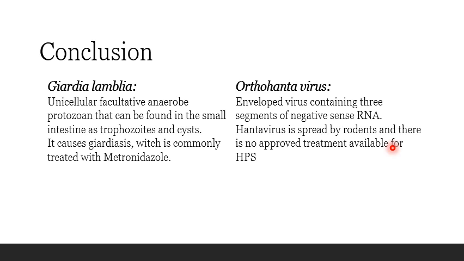That's probably not how you say it in English, but I'm rolling with it. And then the Orthohantavirus is an enveloped virus containing 3 segments of negative sense RNA. The hantavirus is spread by rodents, and there are no approved treatments available for HPS in the USA.